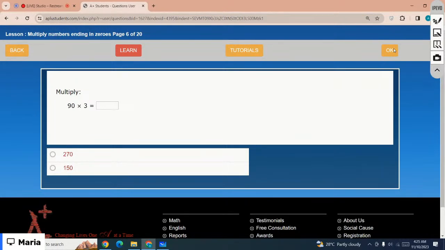Yes, 3 times 9 equals 27. You have to add a 0, so it would be 270. The correct option is 270.